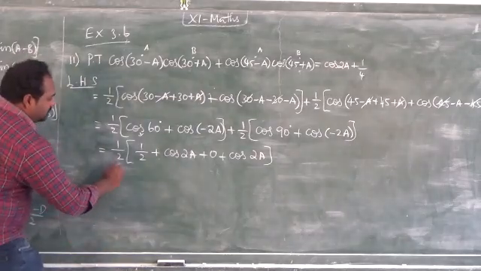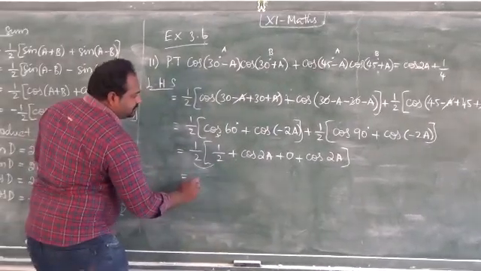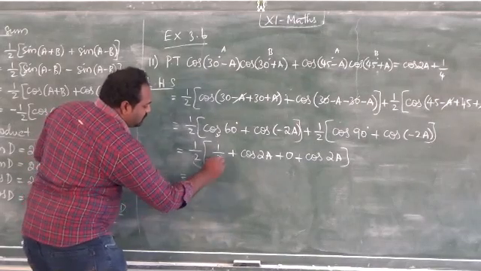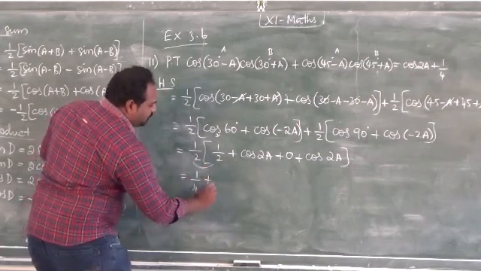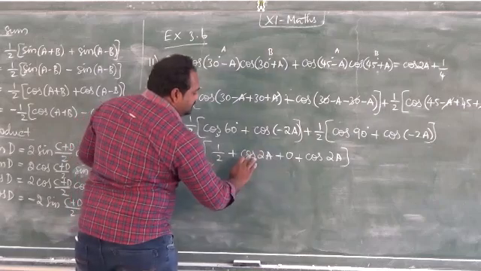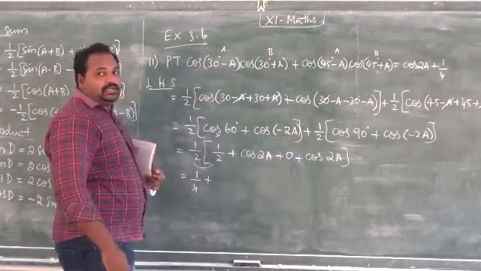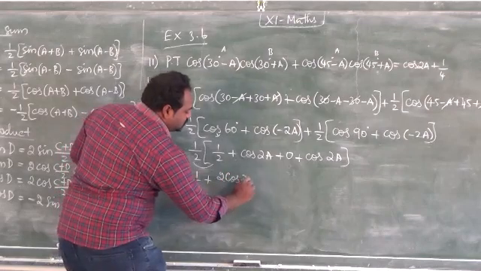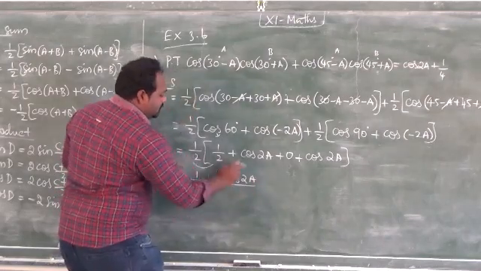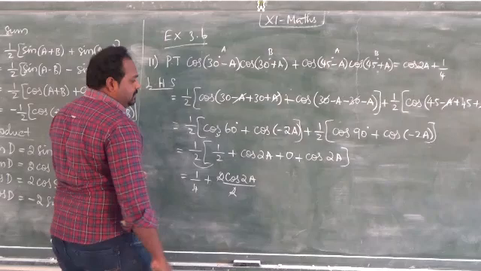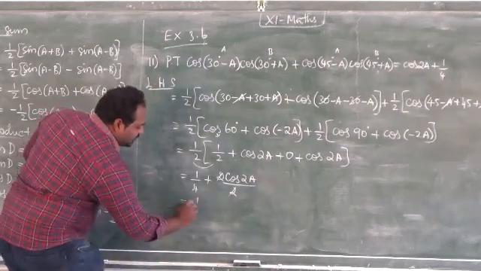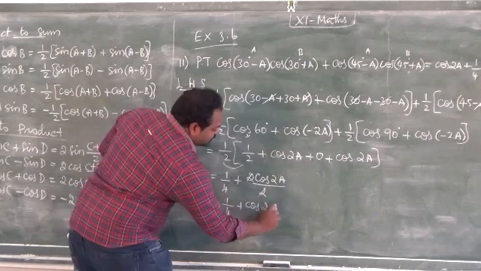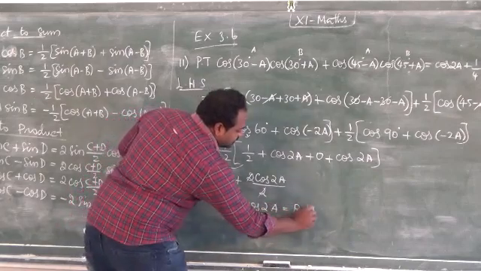Multiply inside: 1/2 into 1/2 is 1/4, plus cos 2A plus cos 2A, which is 2 cos 2A, by 2. If I cancel it, I get 1/4 plus cos 2A, which is the RHS.